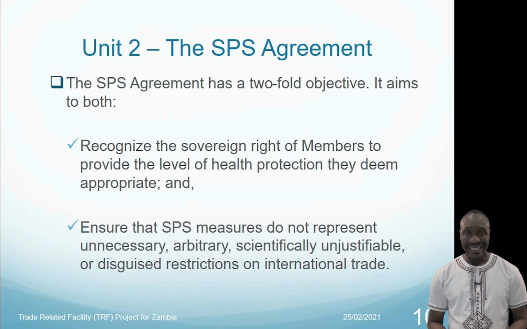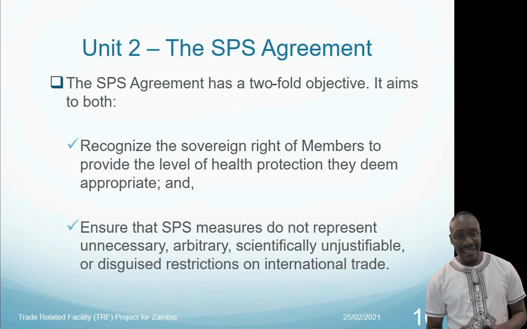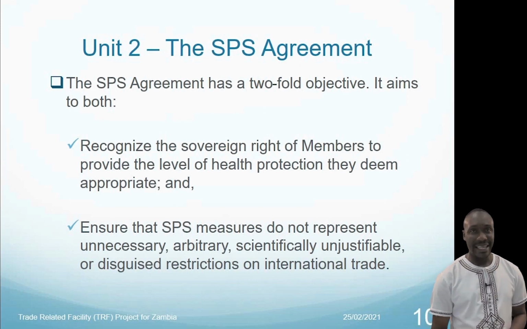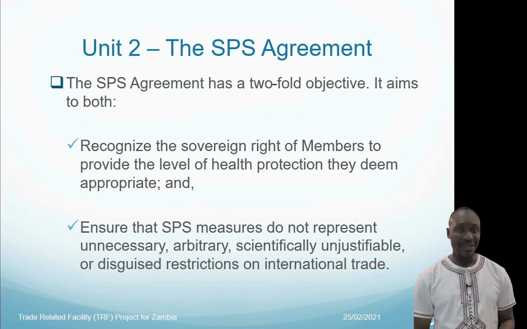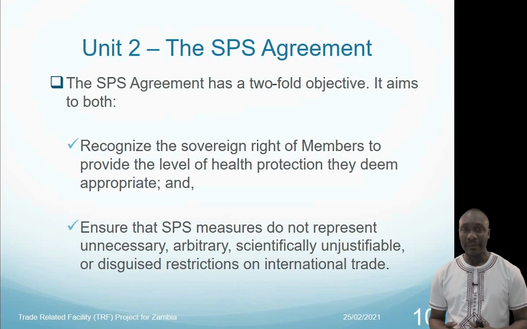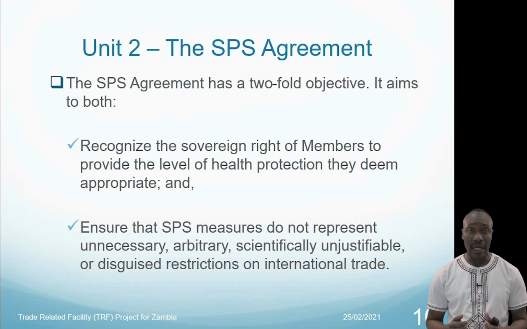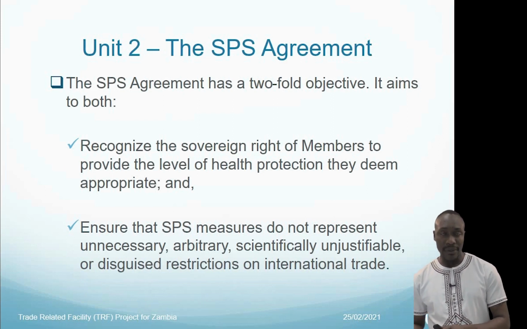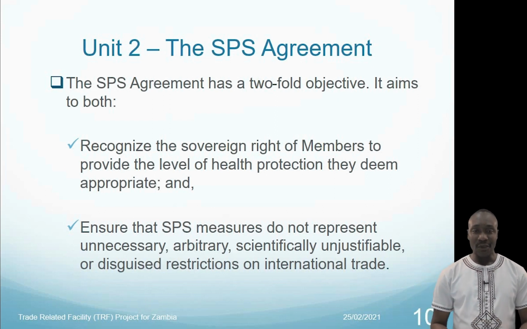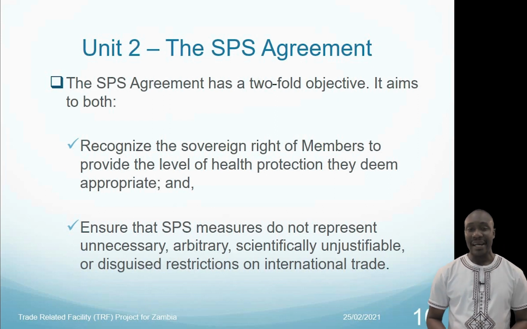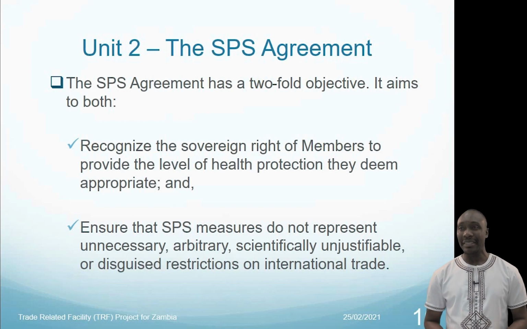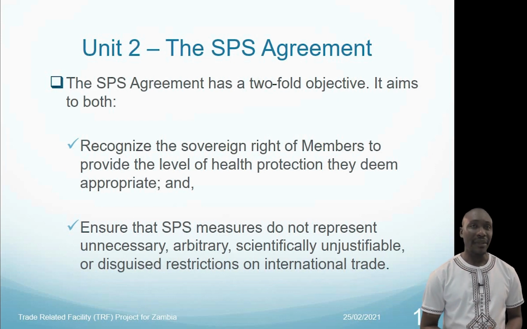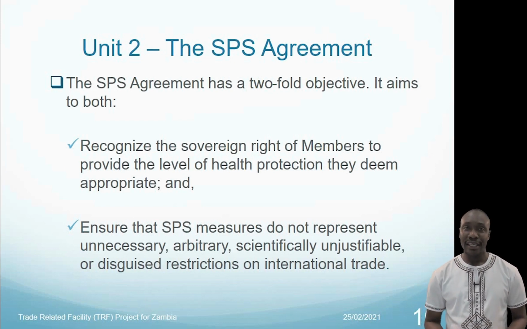Okay, but the other objective is to ensure that these SPS measures that you're applying with the intent of protecting your territory with regards to human, animal, and plant health and life do not present unnecessary or arbitrarily, scientifically unjustifiable restrictions.